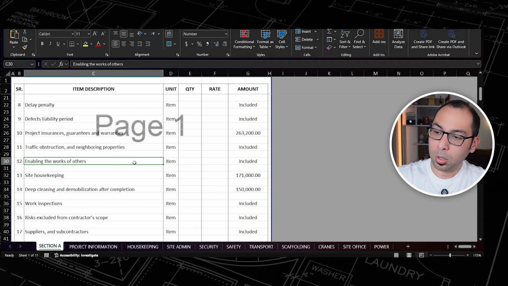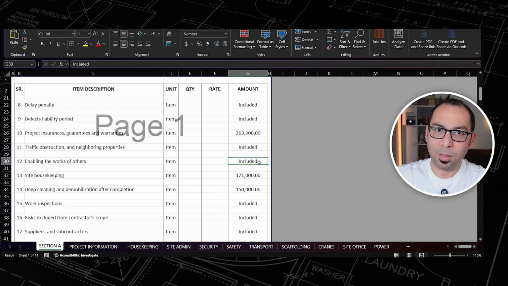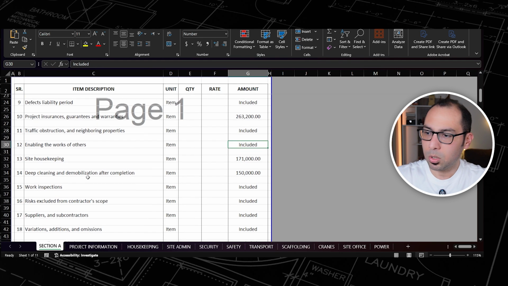Then enabling the works of others. Here I don't have anything, or it is not expected in this project to enable the works of others, but in some other project you might need to do that, enable the works for others or provide them scaffolding or something. So you might need to have a cost here or a price here. But in this case, there is nothing, so it's just included.